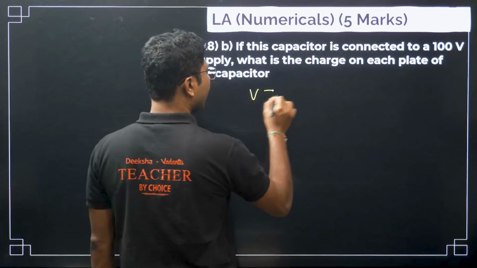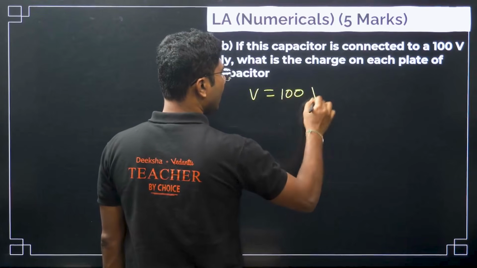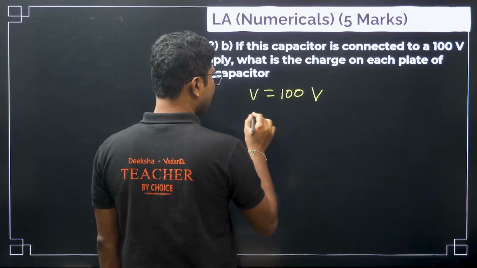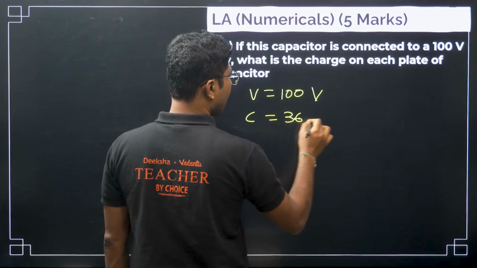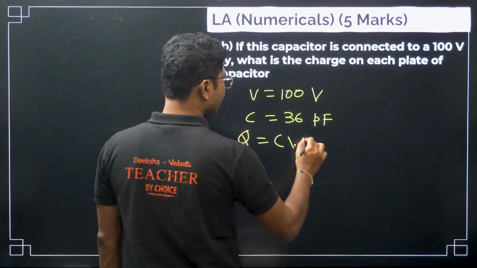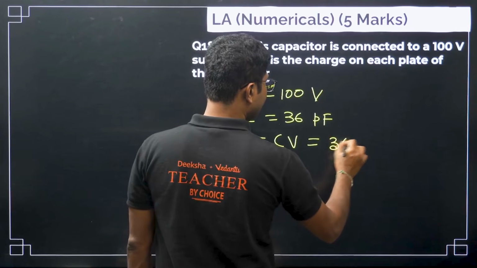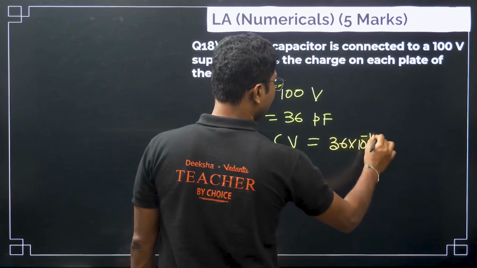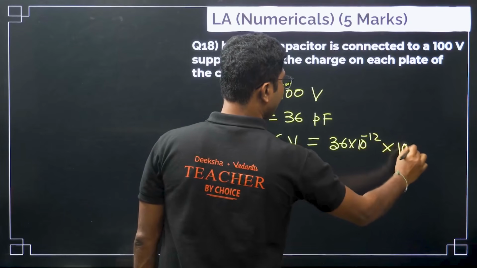So the voltage is now 100 volt, and the capacitance is 36 picofarad. We know that Q equals CV. C is 36 into 10 to the power of minus 12, and the voltage that we applied is 100.